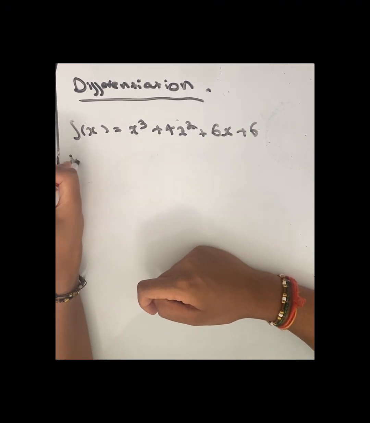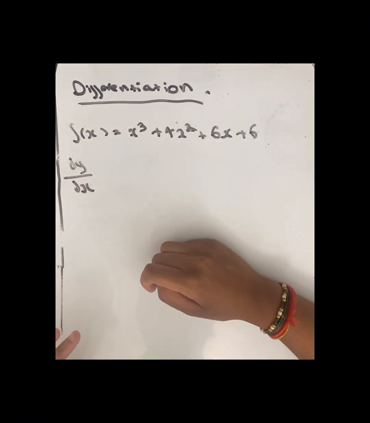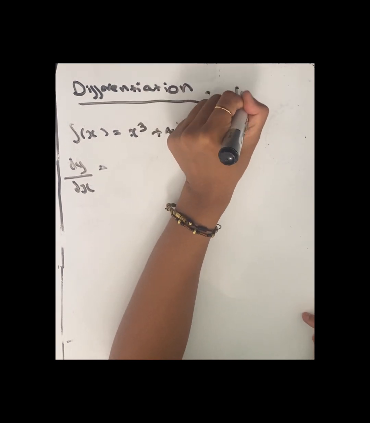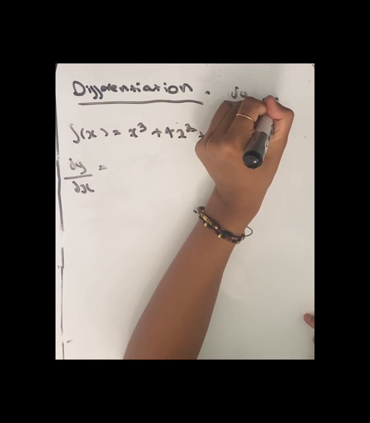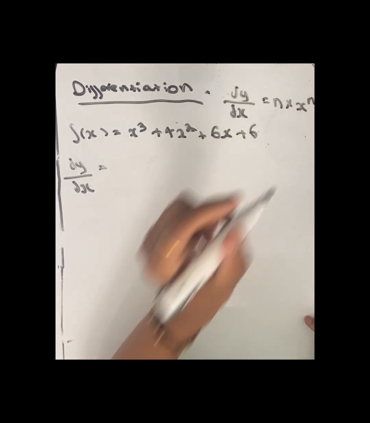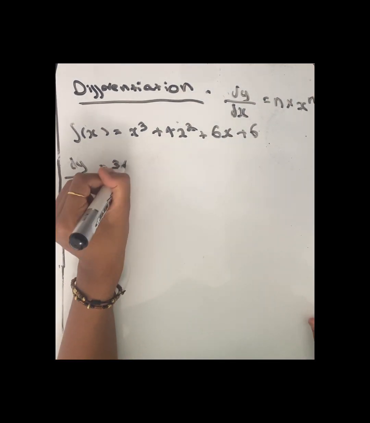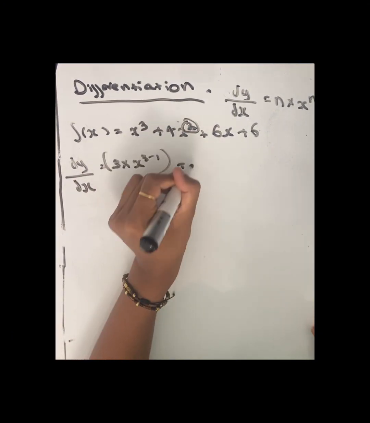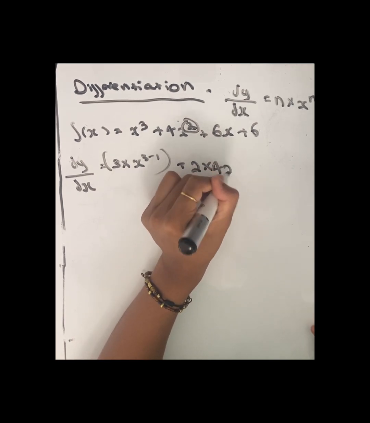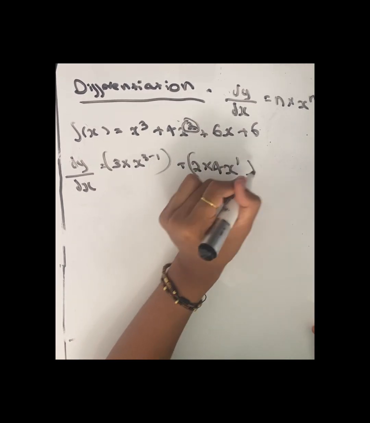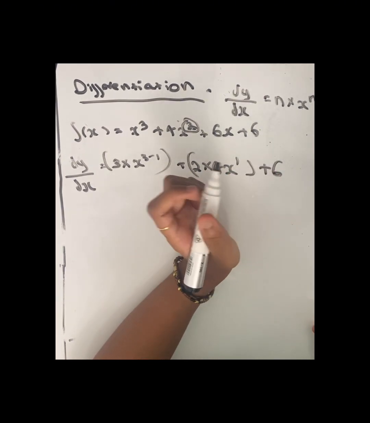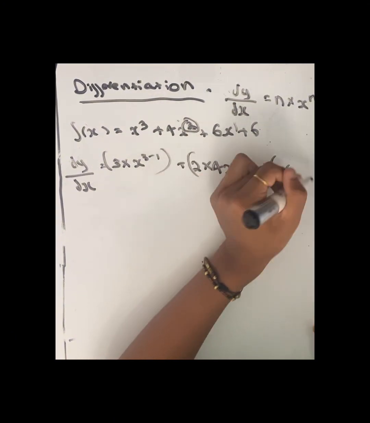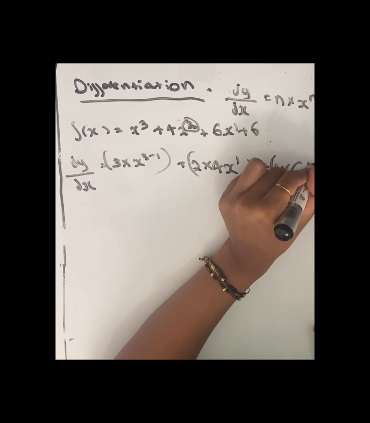So dy over dx, which is basically the notation for the derivative, the gradient function, is going to equal, and if I just write the formula here again, n times x to the power of n minus 1, it's going to equal 3 times x to the power of 3 minus 1, plus 2 times 4x to the power of 1, plus 1 times 6x to the power of 1 minus 1.